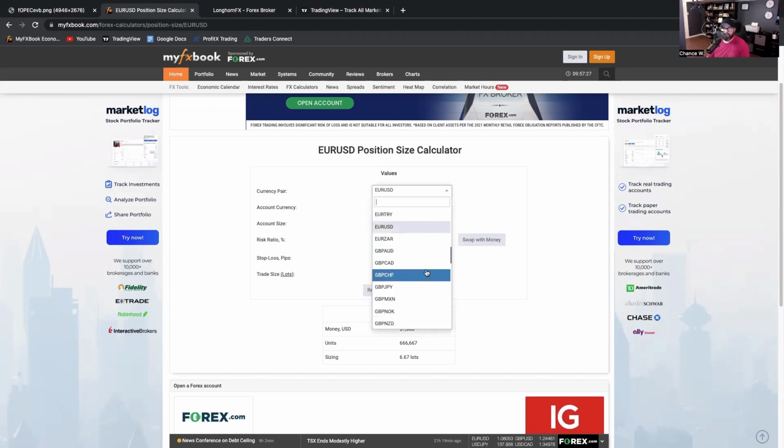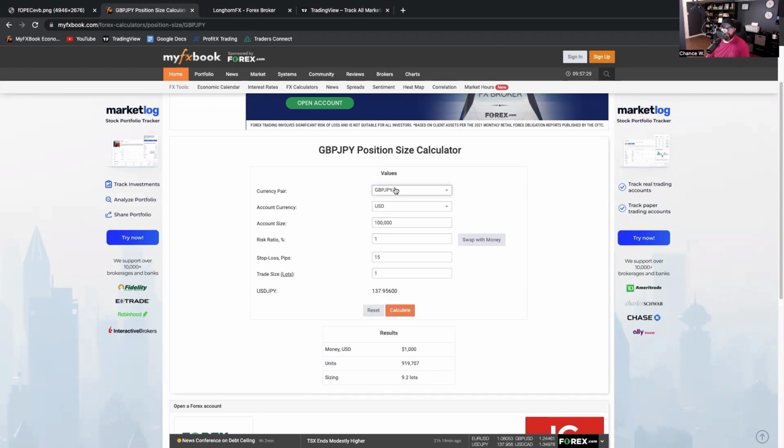But let's change the currency pair to GJ. And you can see everything remained the same, $100,000, 15 pips, risking 1%. The unit size changed and our lot size changed to 9.2. Now, if I were to input 9.2 on the EU trade, same trade, I would have been risking way, way too much. Wouldn't have been 1%.